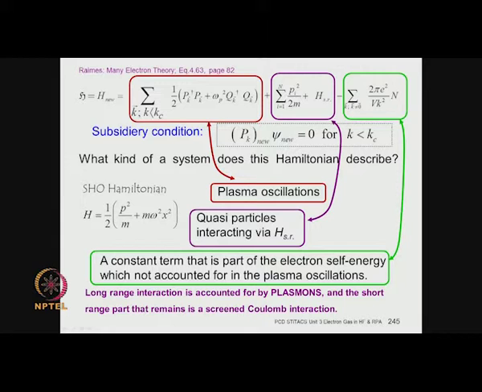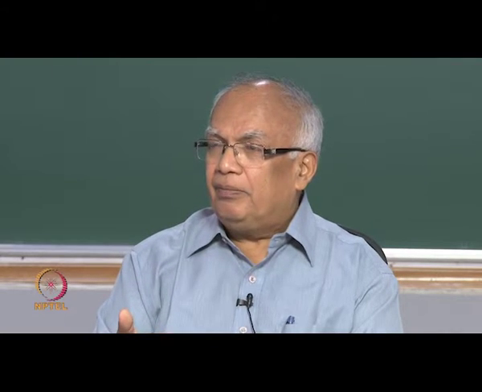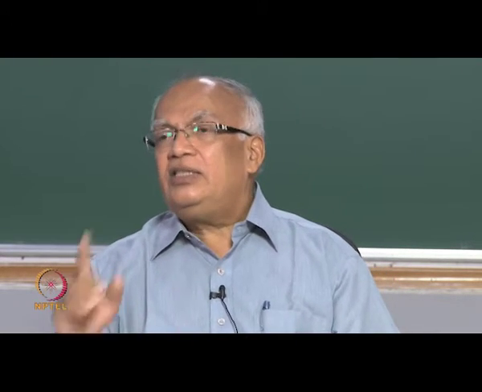So, it is not that there is a new interaction, there is no external perturbation that we have added to the system. These are all interactions which are internal, intrinsic to the system, it is intrinsic to nature. But what the mathematical model has enabled us to do is to interpret these interactions by going beyond the single particle model.